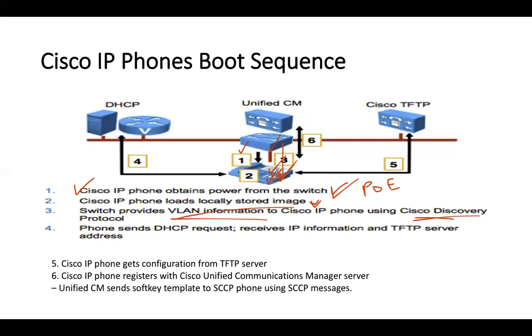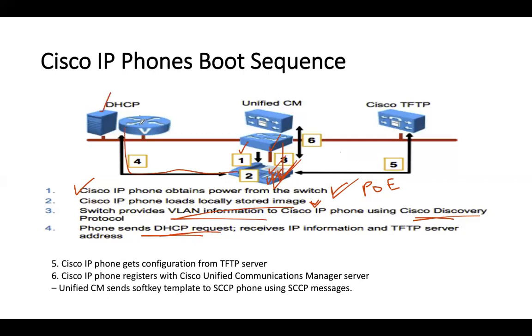Once it has the phone VLAN, the next thing that happens is the phone requires an IP address, and this is where it sends the request or discover to the DHCP server. In this environment, as you see here, we have a DHCP server. The request would go to it.